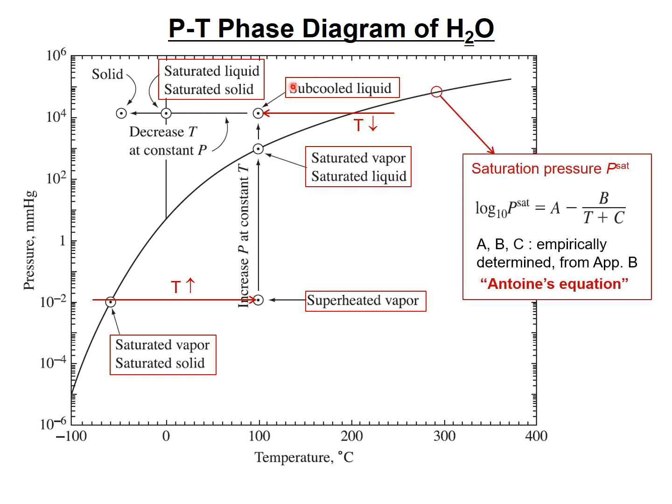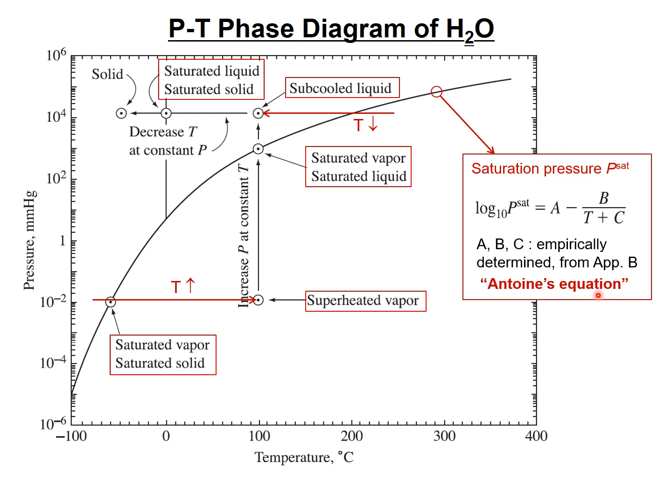One more thing. I have said we have three equilibrium lines. This one, this one, this one. Specifically, this liquid vapor equilibrium line can be described by an empirical equation, which is called Antoine's equation.